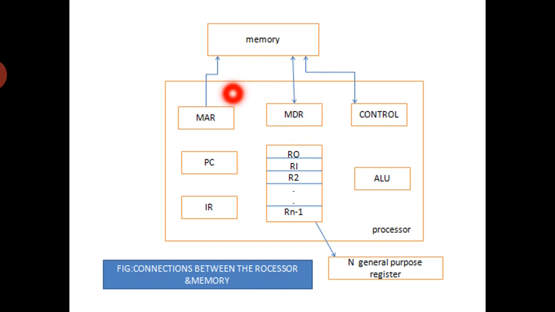Once the address is looked up in the memory, the data present in that address is sent to the MDR register, and it is transferred from the MDR to the ALU.